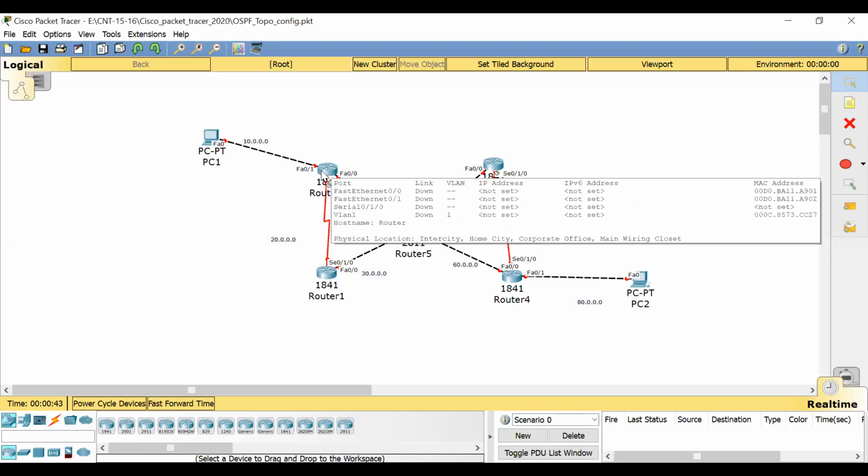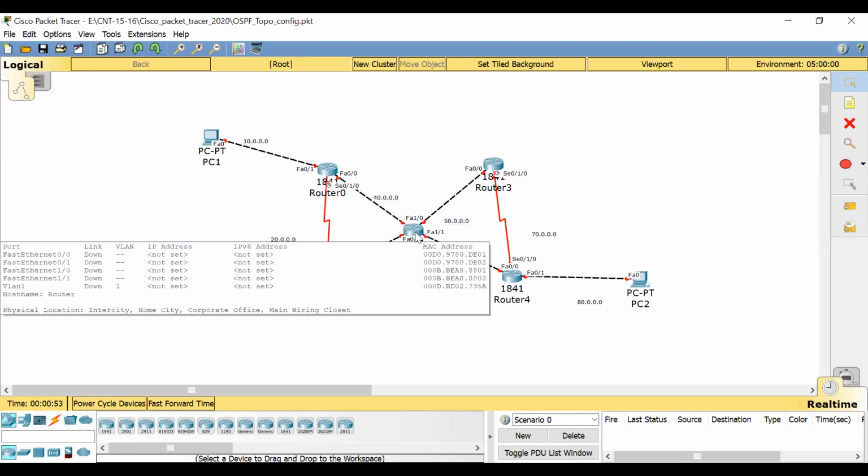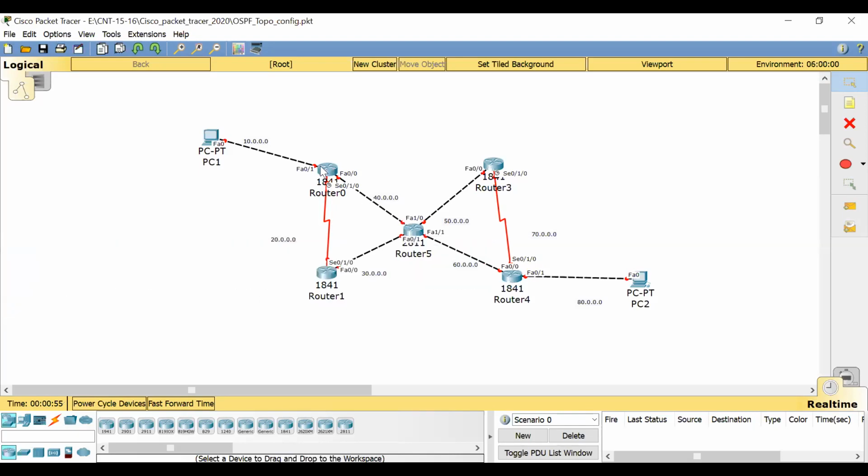Meanwhile, you just draw this diagram where I have implemented two areas. This middle router, router 5, is the area border router. Router 0 and router 1 are in area 0, and router 3 and router 4 are in area 1. So area wise, you can divide this topology.